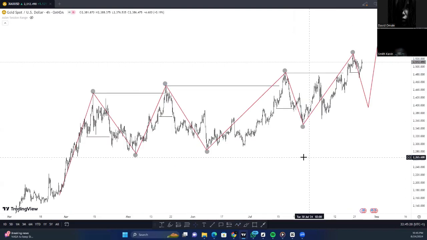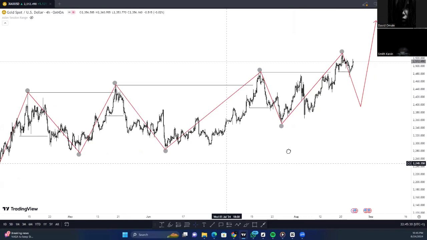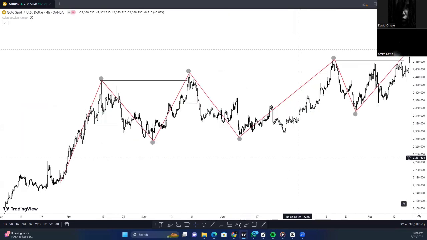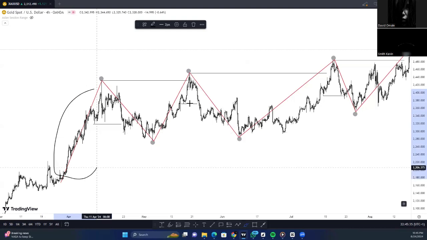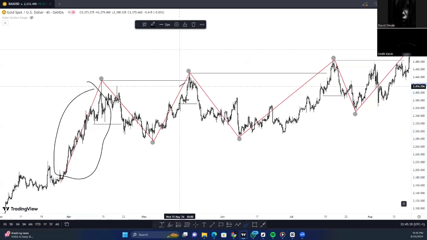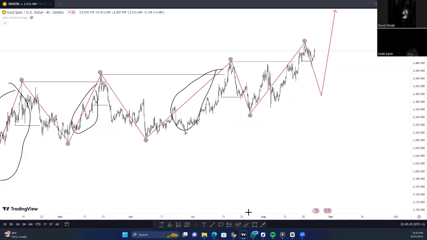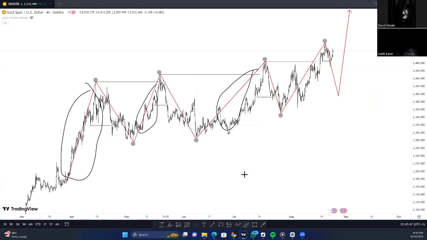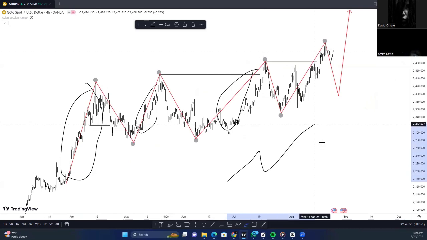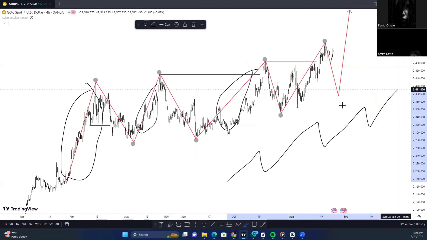So in this case, like I said in the first video, all these legs are our impulse, because price is trending to the upside. Price keeps creating impulse, correction, impulse, correction, impulse, correction, impulse.